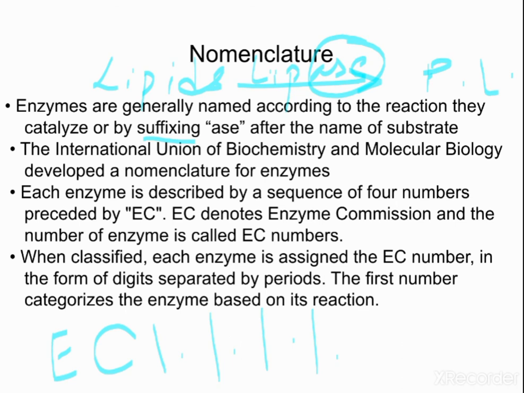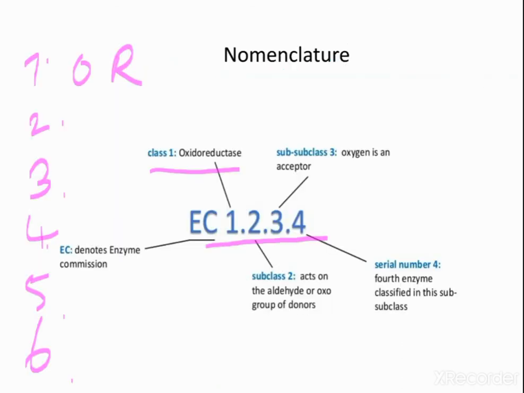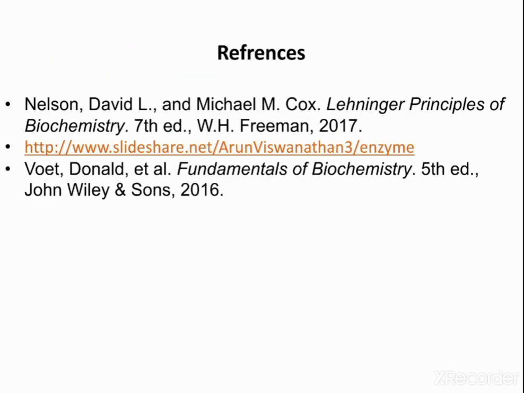We have also looked into the nomenclature. The nomenclature is framed by the International Union for Biochemistry and Molecular Biology. According to this, there are 6 classes. So this is how the nomenclature is done, and these are my references.